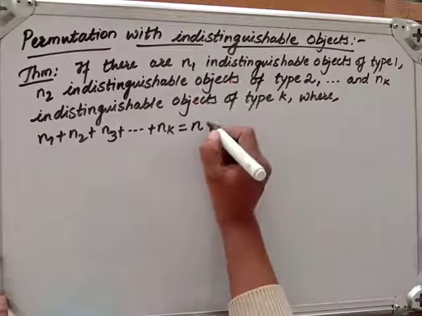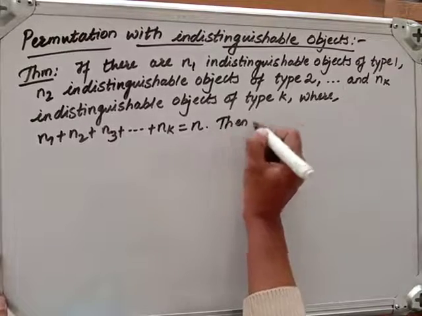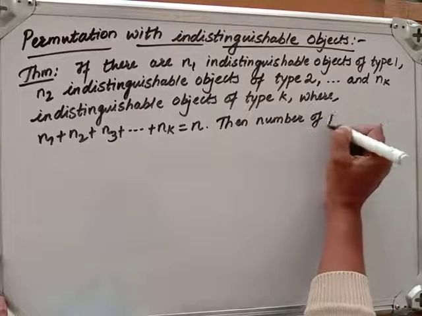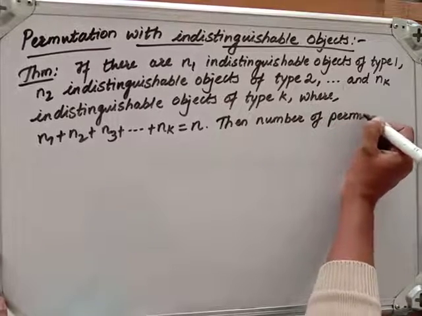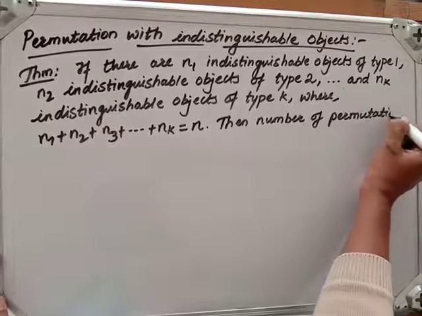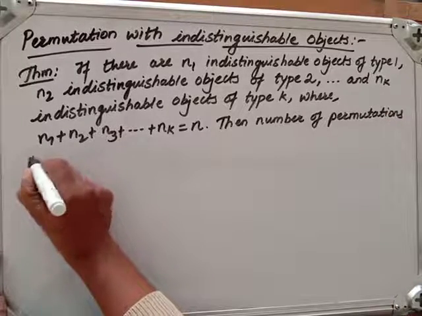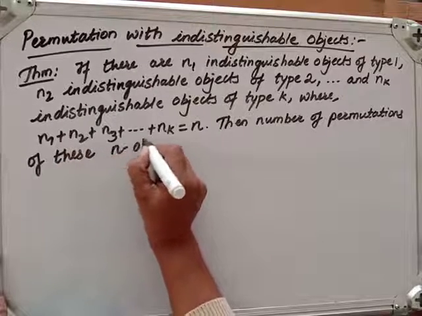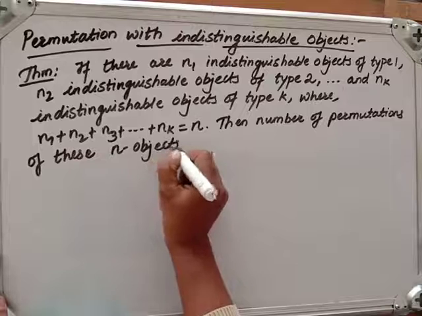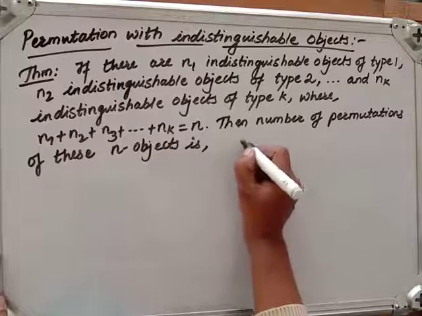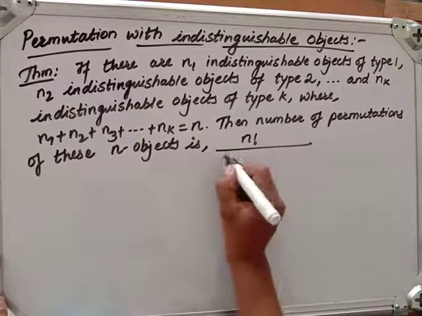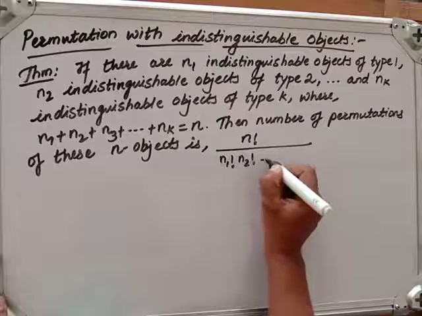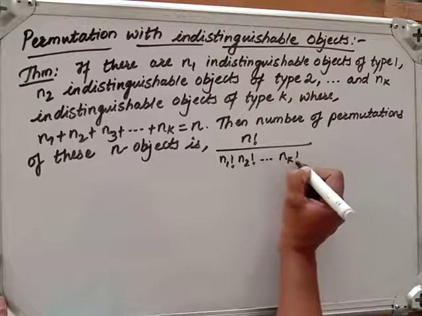Okay, so then the number of permutations of these n objects is n factorial upon n1 factorial into n2 factorial and so on up to nk factorial.